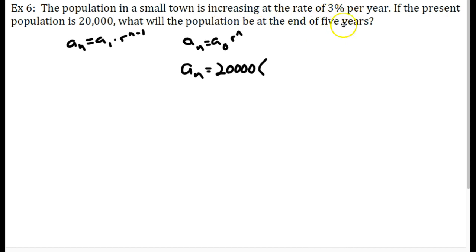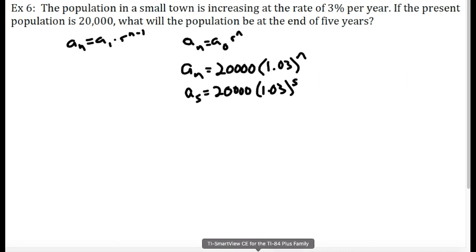If I'm increasing at a rate of 3%, I'm going to take this number and multiply it by 103%, which as a decimal would be 1.03, and then that will be raised to the n power. So if I want the population at the end of 5 years, I want a sub 5, and that'll be 20,000 times 1.03 to the 5th power.